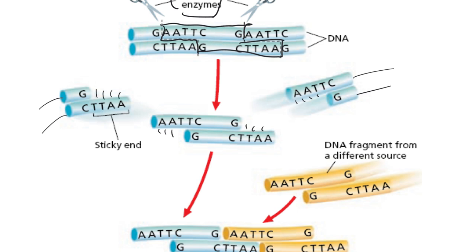And so you can put in another piece of DNA that got cut out of another type of organism with the same restriction enzyme and the same sticky ends, and you can add it to whatever you want. You can add it to the fragment, or you can add it to the DNA that you got the fragment from.